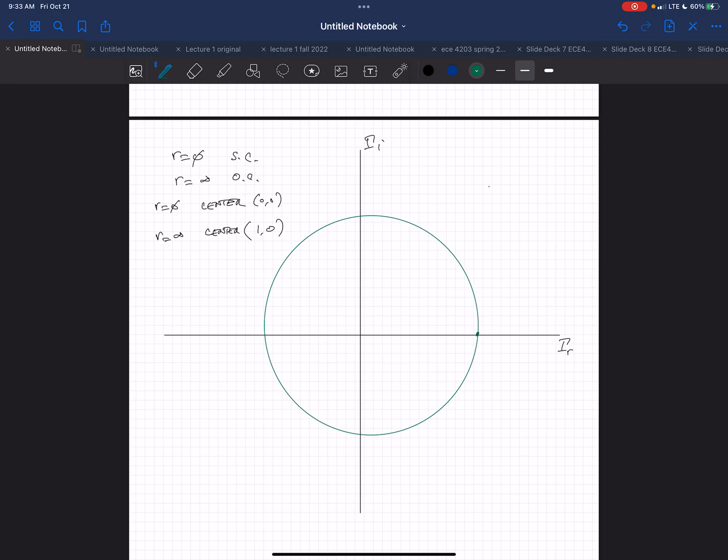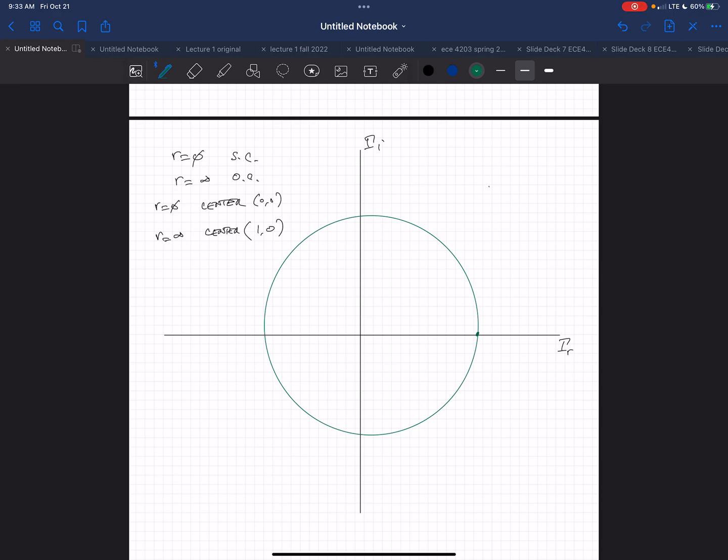Those are the two extreme cases of the real part of the impedance changing. So for R equal to 0, it's a circle centered at 0 with radius 1. And at R equal to infinity, it's a circle of radius 0 centered at 1, 0.